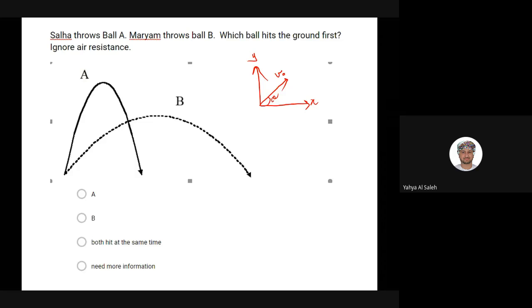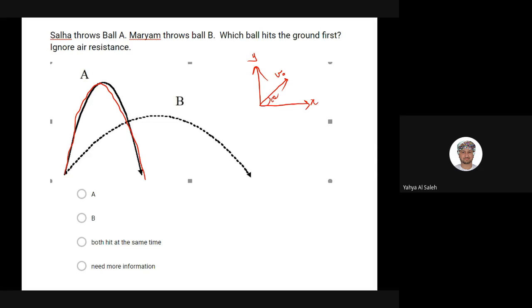Depending on how much the y component is, it will take a certain time t to go up and another time t to come down. So 2t: t to go up and t to come down.